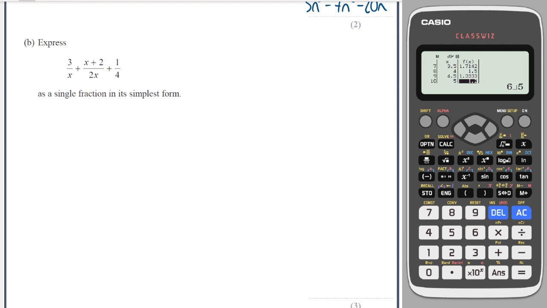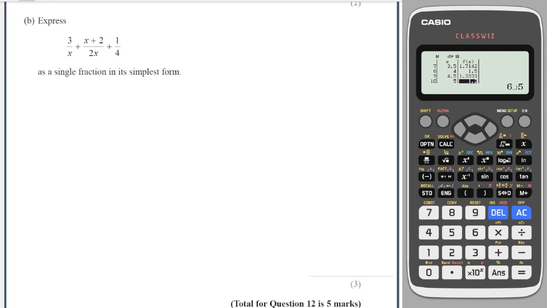Okay, algebraic, some fractions here. We need to find a common denominator, and the lowest common denominator between all these things is 4x, which means I need to times this one top and bottom by 4, this one top and bottom by 2, and this one top and bottom by x. And what does that give us?